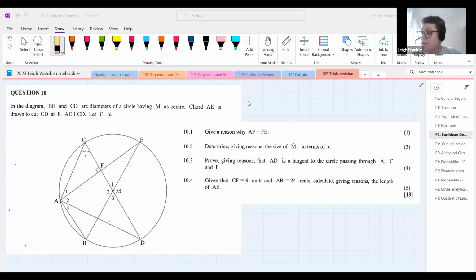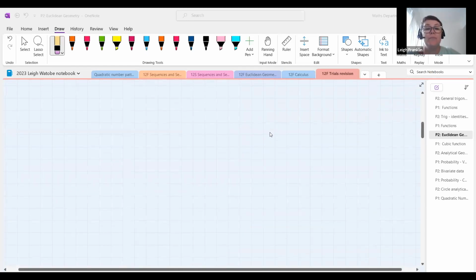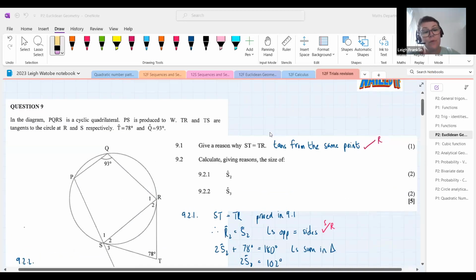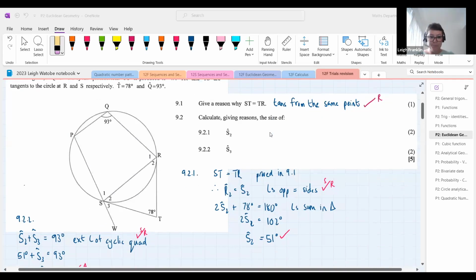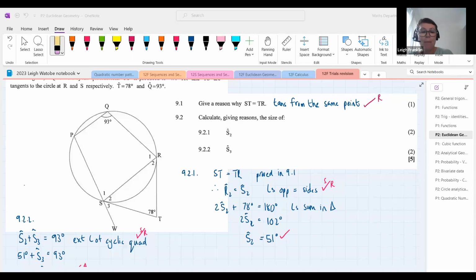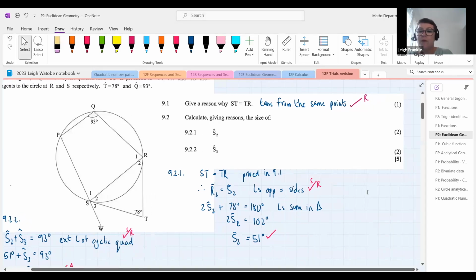Why can't we use tan chord? In order to use tan chord theorem, Teddy, there needs to be a triangle on the inside of the circle, not a quadrilateral. I'll just scooch over.